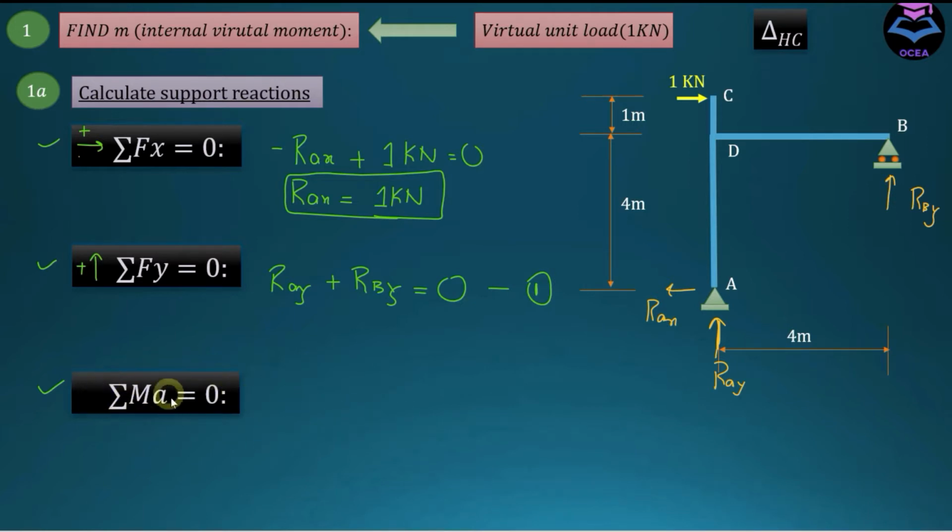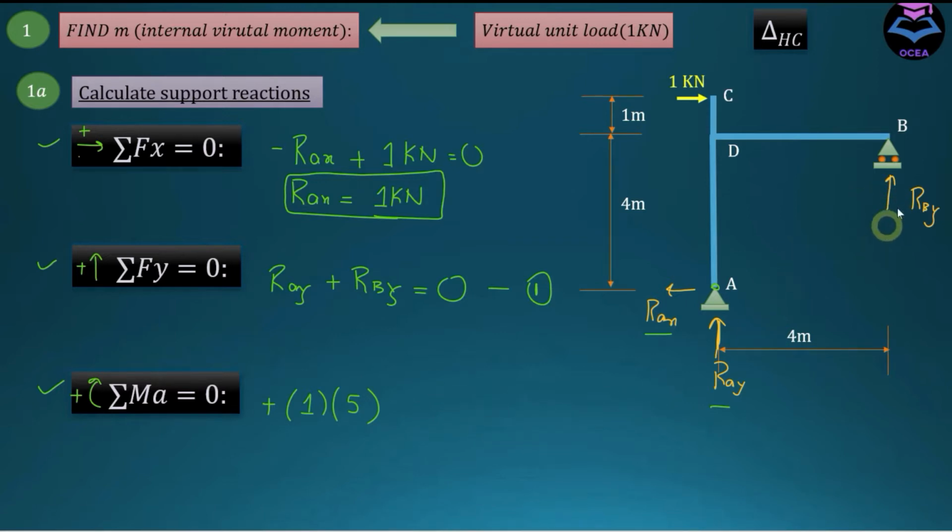And now let's apply a moment at point A, that is at this point, and take clockwise moment as positive. So these two forces, RAX and RAY, are not going to create any moment about this point because they don't have any perpendicular arm, whereas this 1 kilonewton is producing moment, and we know that moment is force into distance, so force into this perpendicular arm, this is 5, and this is going to be positive since it's creating clockwise moment.